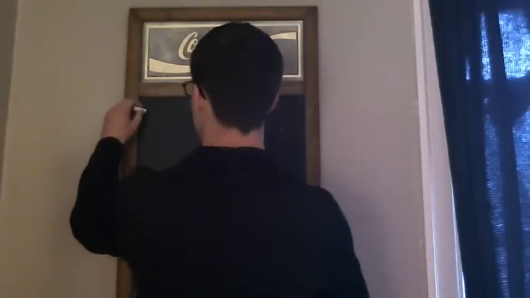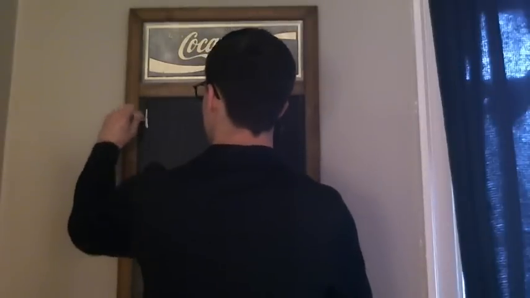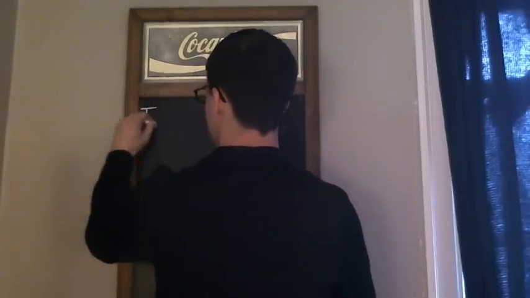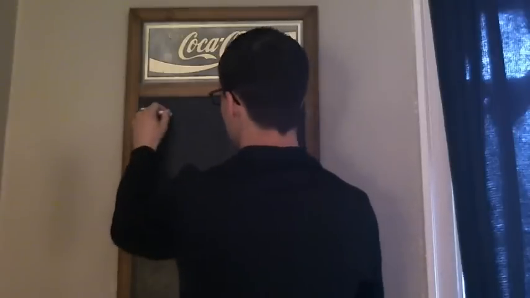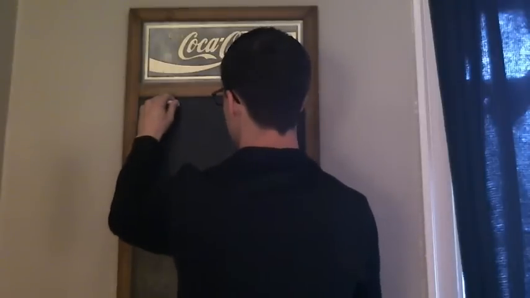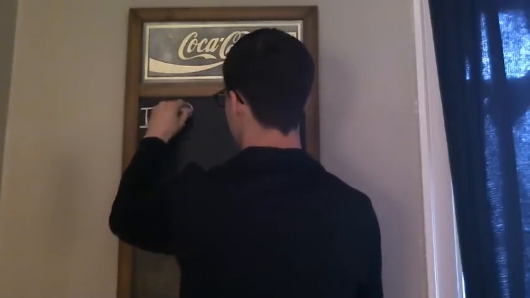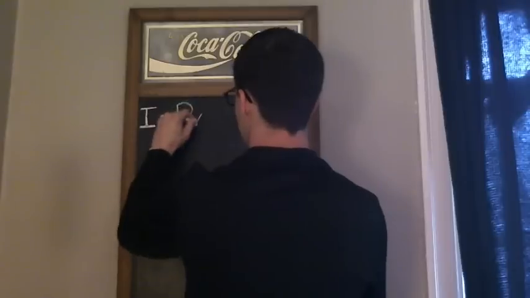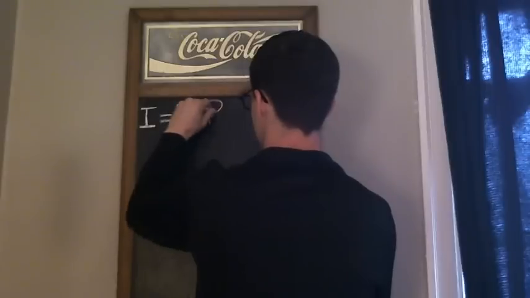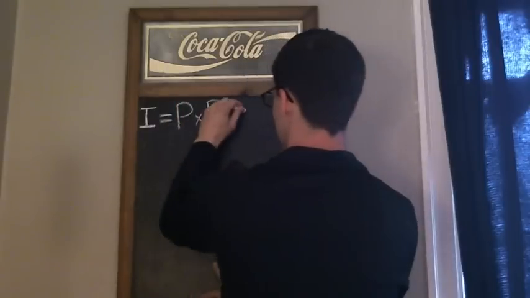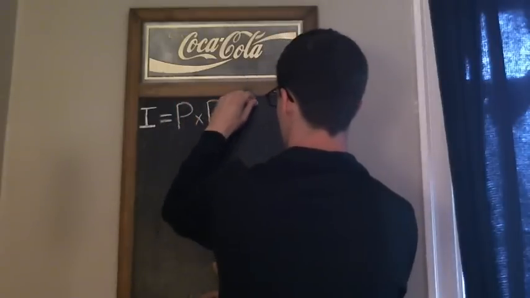So let me just write it up on the board here because we're going to be using it. It's interest, which is going to be an I, equals your principal times rate times time.